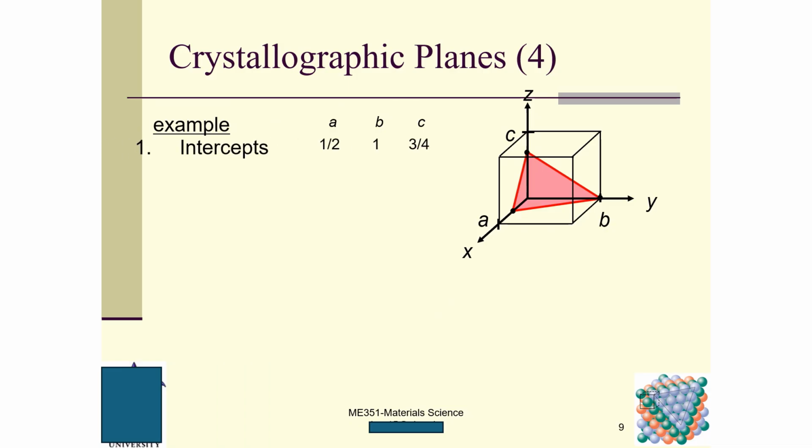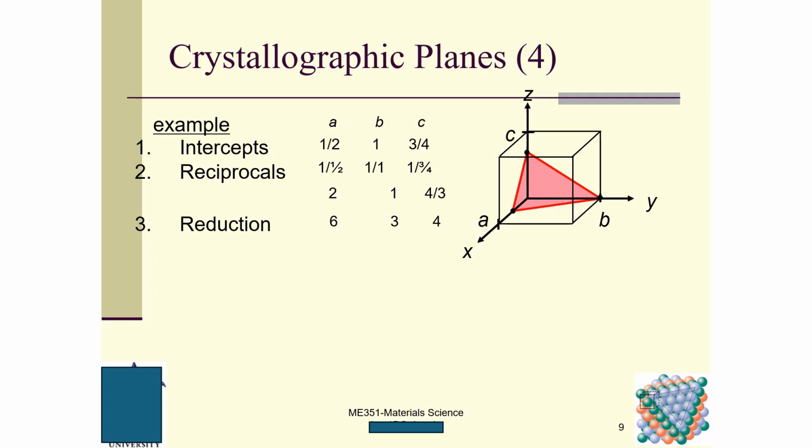Third example. This third example is an oblique plane. This plane intercepts the three axes at 1/2 here, you can see 1/2 here, B at 1, and C at 3/4 from the origin, from here to here, 3/4 of C. Reciprocals: 2, 1, 4 over 3. Now 4 over 3 is a fraction.